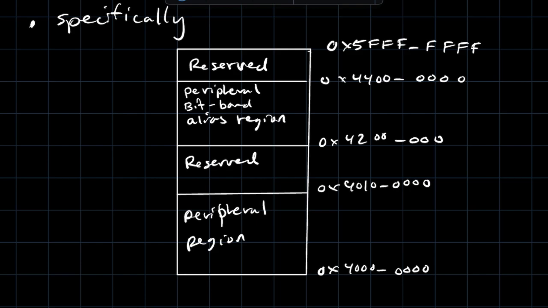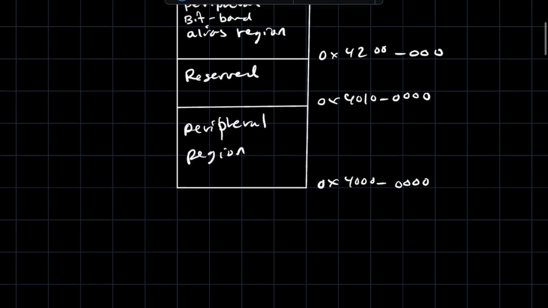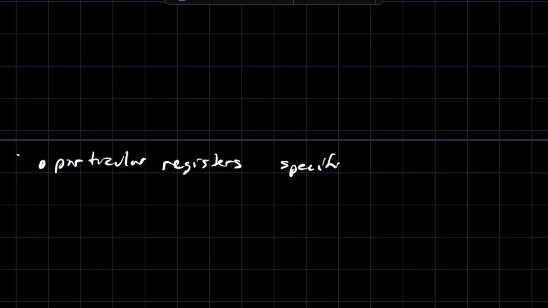So how do I specify particular registers? Well, particular registers are typically specified by a base address and an offset.